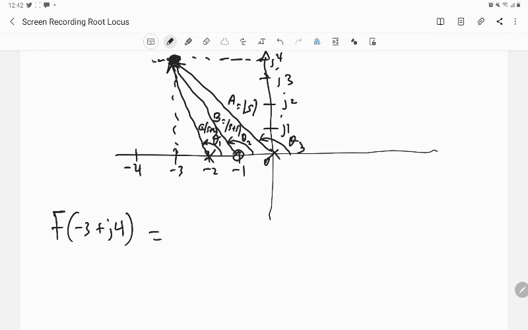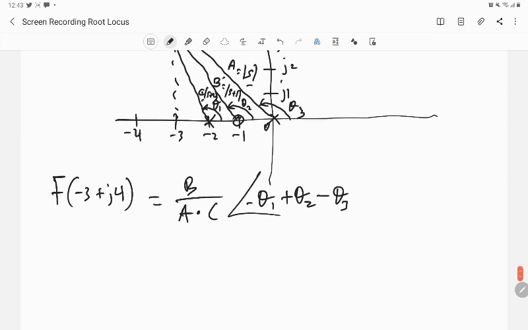It is going to be equal to the magnitudes b over a times c. So a and c are the poles you divide, and then b is the 0, and the angle will be minus theta 1 plus theta 2 minus theta 3. So that basically will be the angle.